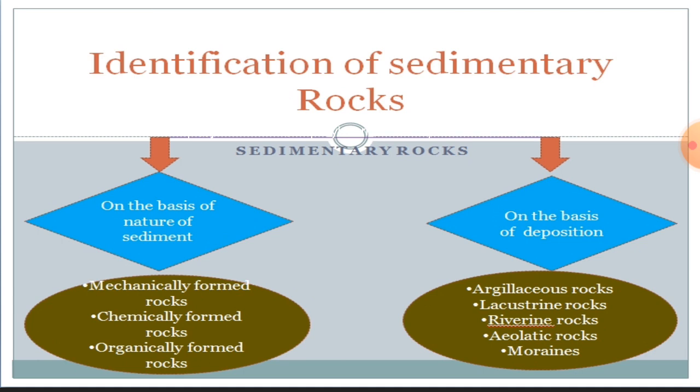Sedimentary rocks are further divided into three groups on the basis of their transporting agent. Number one is the argillaceous rocks, second is the undulation rocks, third is the moraines. Argillaceous rocks are those rocks which are formed in the waters.